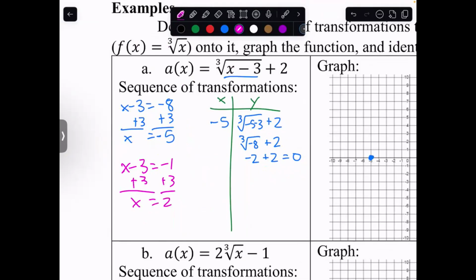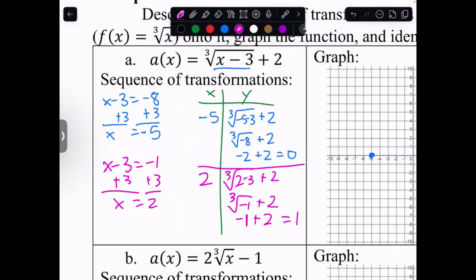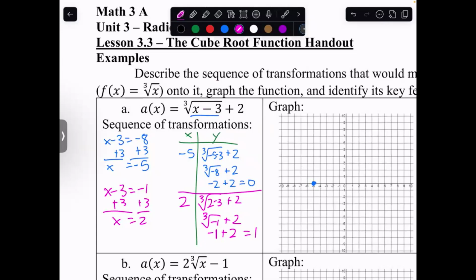Yes, 2 will be the next good x value. Cube root of -1 is -1. -1 plus 2 is +1. So 2 comma 1.